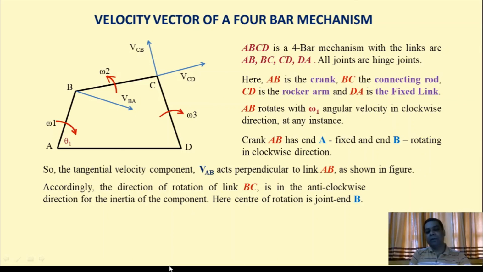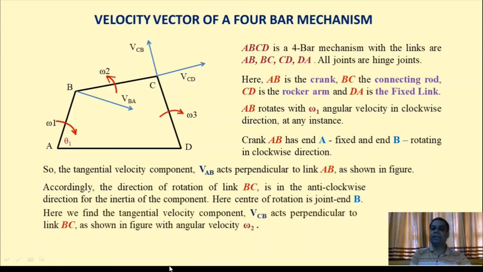Here, for the case of BC, the center of rotation, the joint end B should be considered as fixed, and the joint end C should be considered as a moving or rotary part which has a tendency to rotate in the anti-clockwise direction.